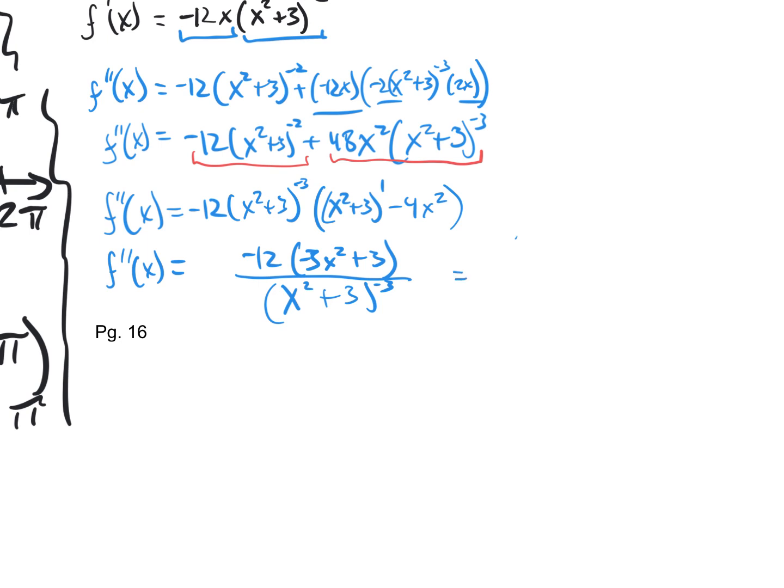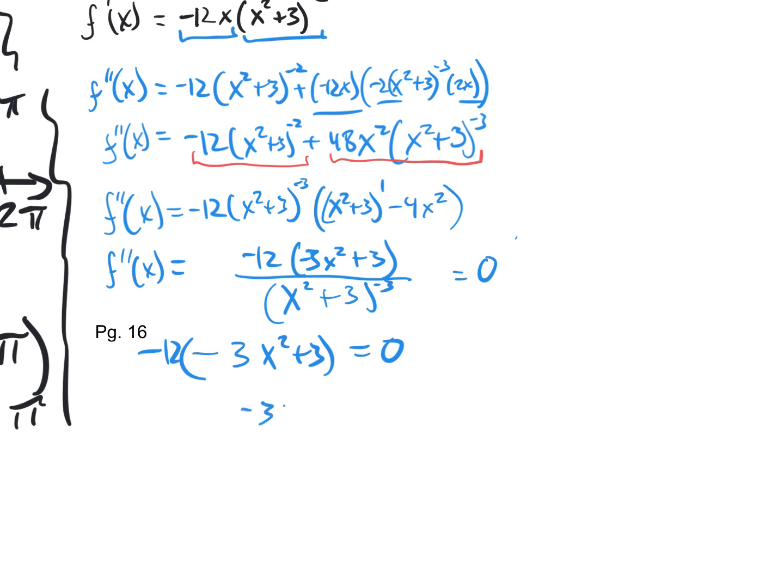We want to set this equal to 0. All right, and so that happens when negative 3x squared plus 3 is 0. So when is the top 0? Well, really it's when this whole thing is 0. But, well, let's write it out. Negative 12, and that negative 12, divide both sides by negative 12.